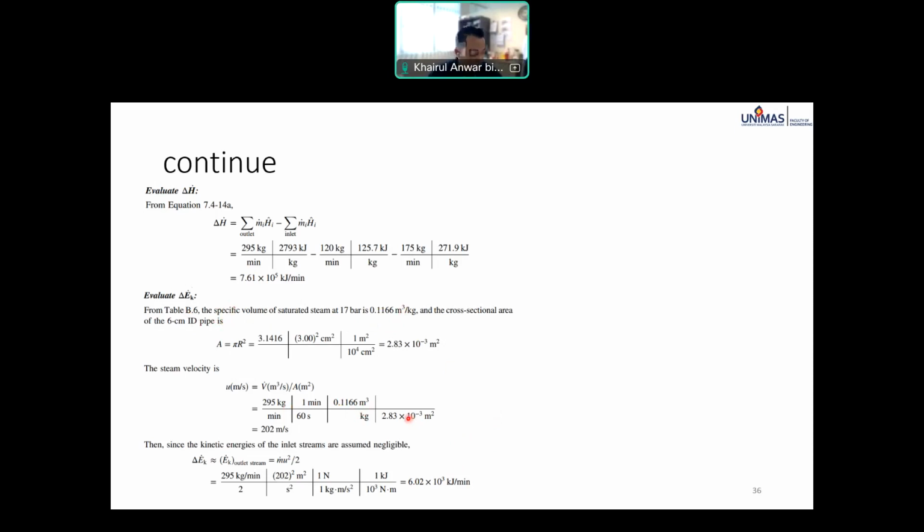The specific volume you can find in table B5 or B6. It will be B6. Yes. Oh, this is the area. So you get U equal to 202 meters per second.